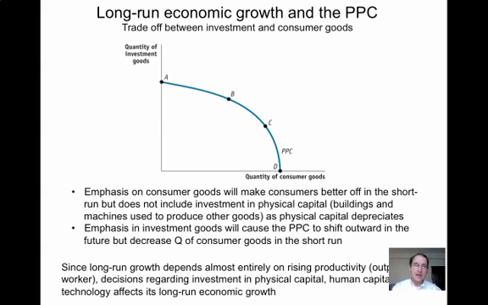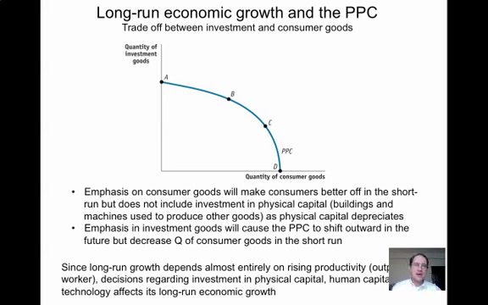On the flip side, if instead we're at point A on this graph, which is making a huge emphasis on investment goods, that will cause the production possibilities curve to shift outward in the future, but it does decrease the quantity of consumer goods in the short run. That is juxtaposed with point D, exclusively consumer goods, which is good for us in the short run because we get stuff.